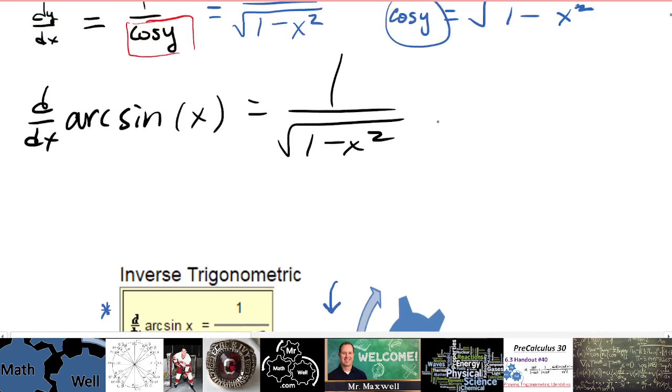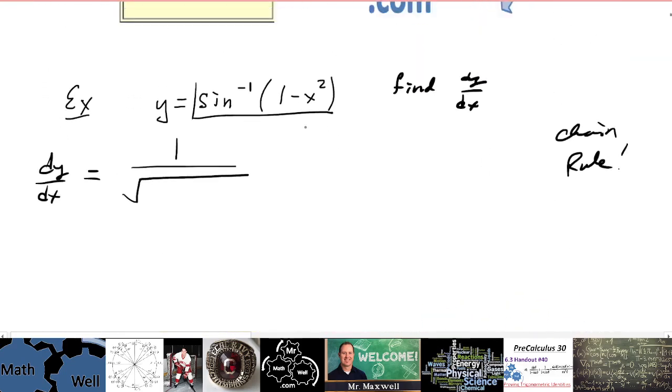See that? So the x is whatever this sine is of. So it's 1 minus this, 1 minus x squared, times the derivative of 1 minus x squared. Because we have to do chain rule, so that's negative 2x.